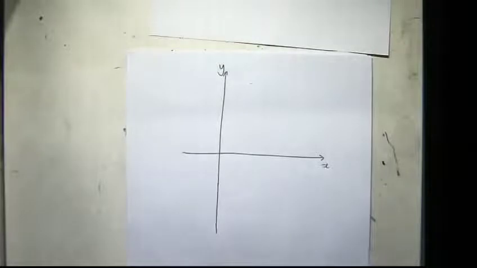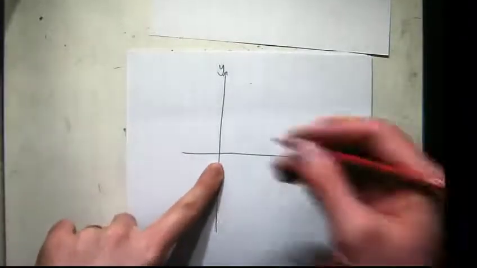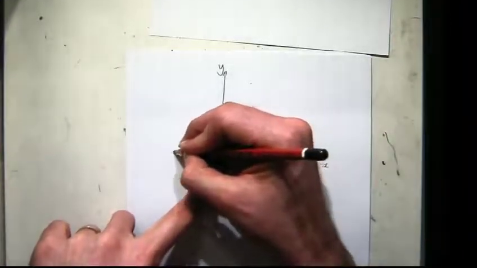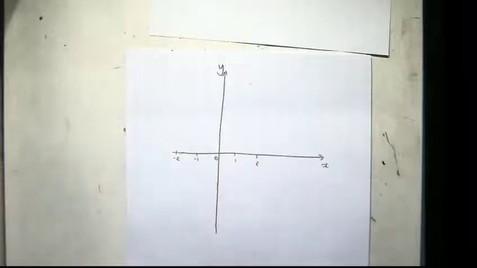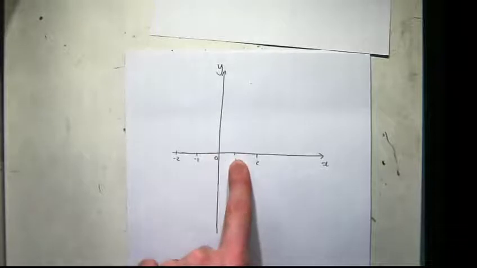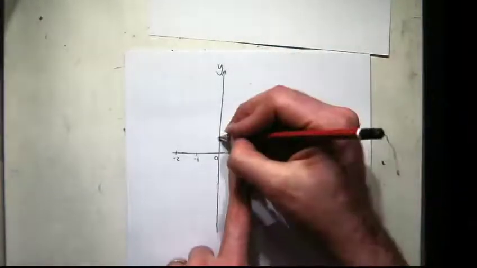Now, here's the thing. The x-axis has a 0, 1, 2, minus 1, minus 2. So this point here on the x-axis has coordinates 0, 0. And this point here has coordinates 1, 0 because it lines up with 0 on the y-axis.